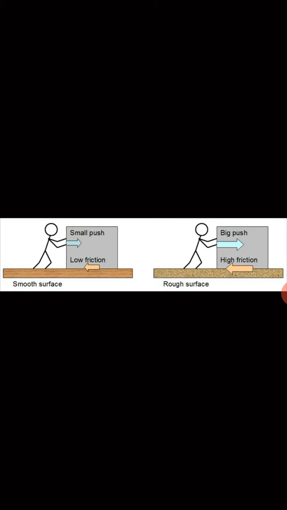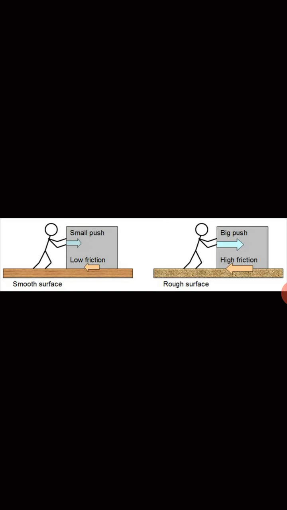The blue arrow is the motion of the object. Same with the second image. This time the person is again pushing towards the right and friction is towards the left.